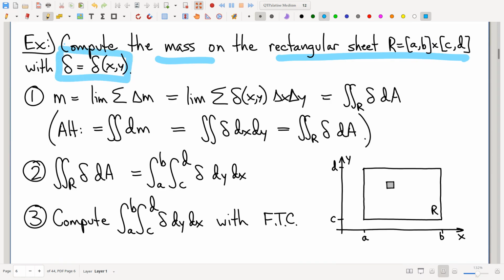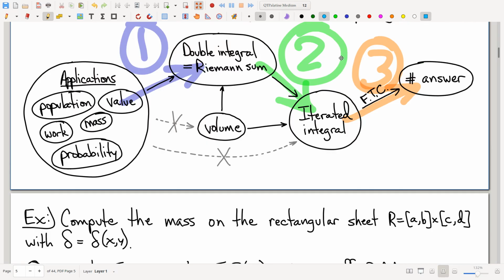And again, this is the one where we stumbled previously. This is the one where we tried to write it down as an iterated integral and we crashed and burned because it doesn't make any sense because we're multiplying mass per unit area times width. What is that? All right, it's not a thing. It just doesn't work.